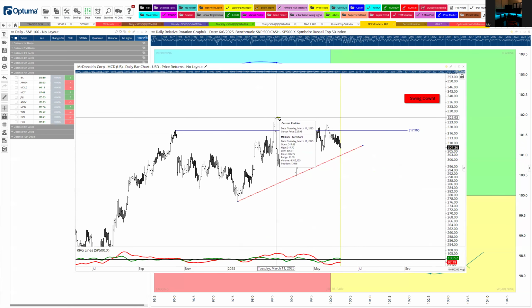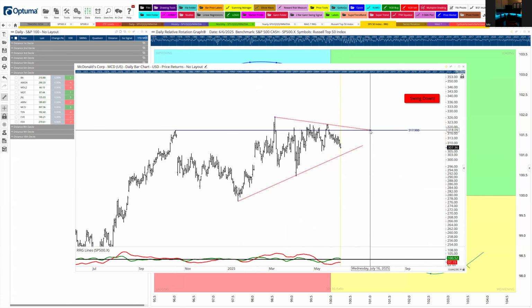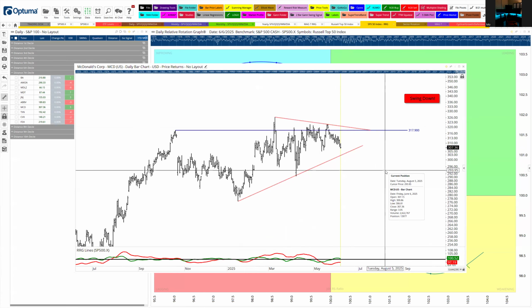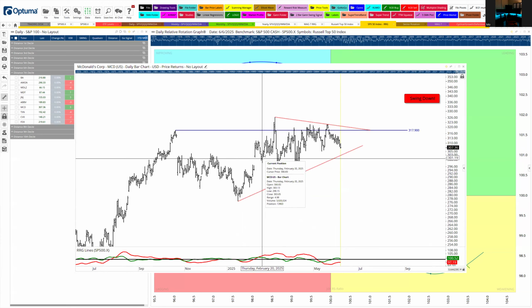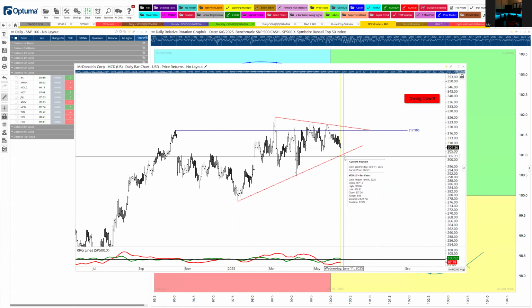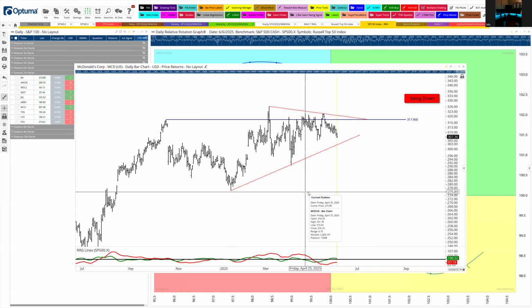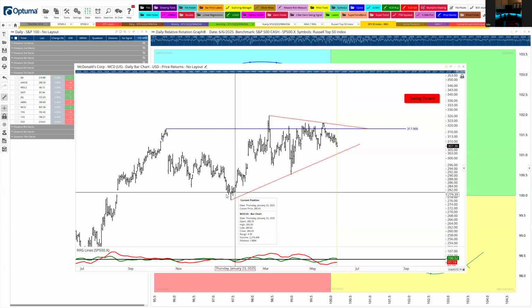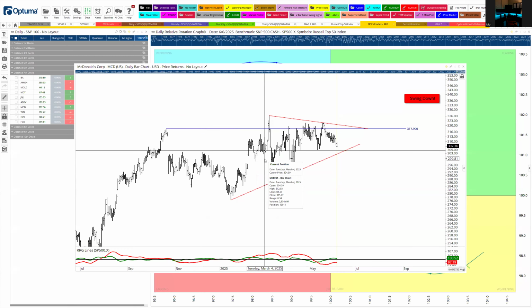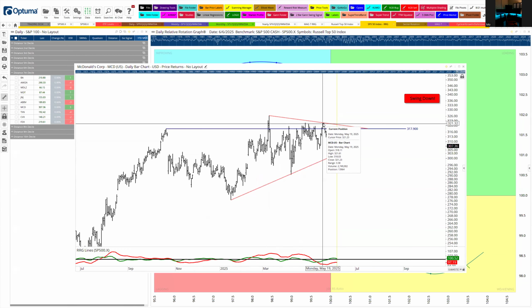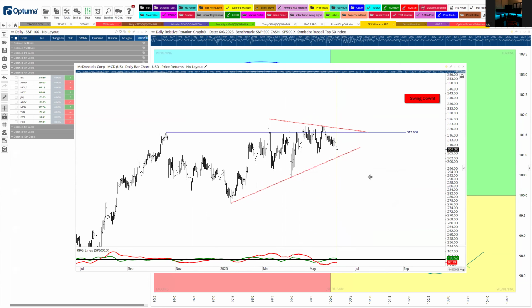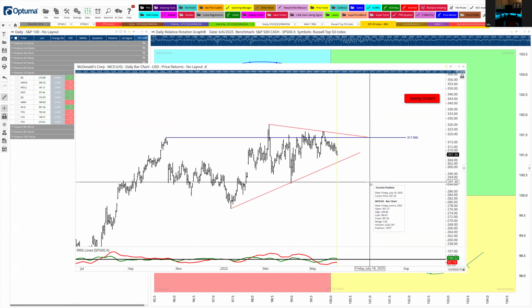I don't know, it looks like some sort of triangle, A, B, C, D, E. Looks like some sort of triangle here on a bigger time frame. Yeah, 3, 3, 3, 3. Yeah, can do that.